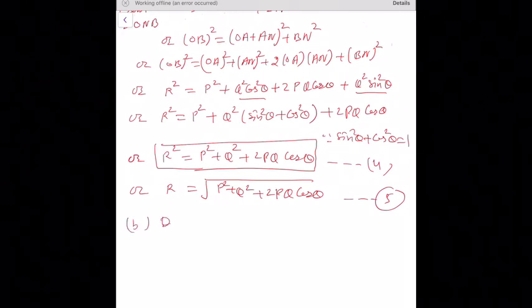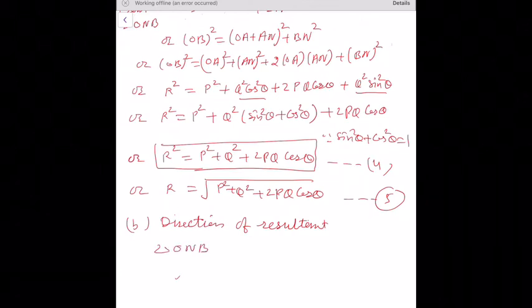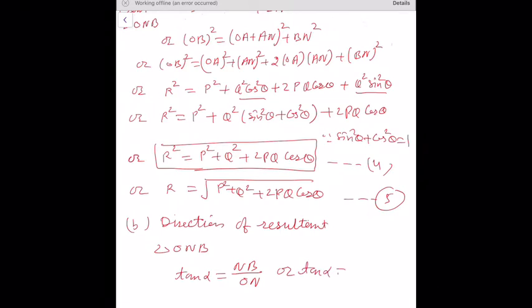Next, direction of resultant from right angle triangle ONB. Tan alpha is equal to NB upon ON from figure, or tan alpha is equal to NB upon ON.